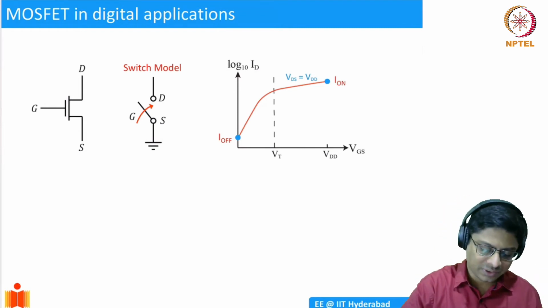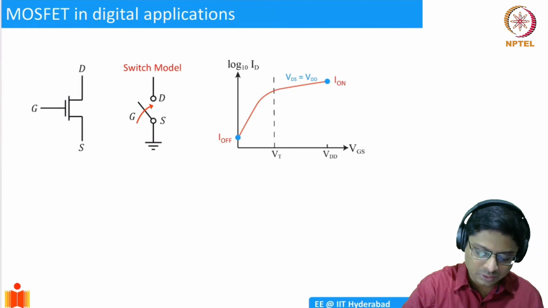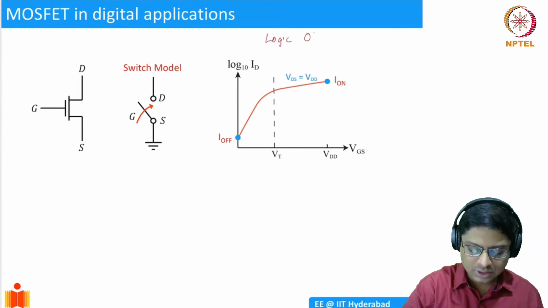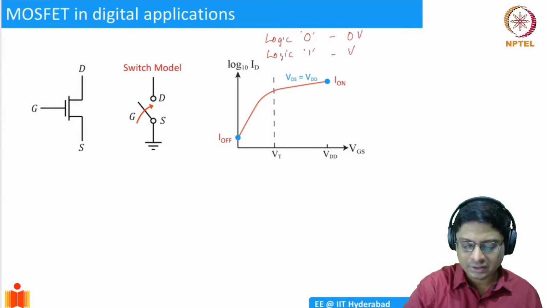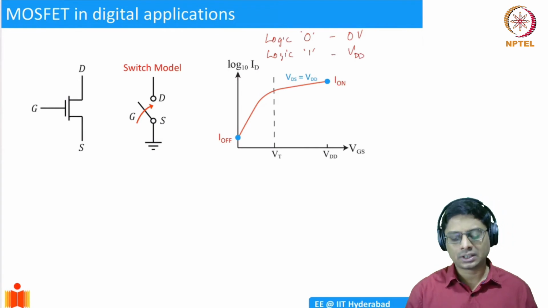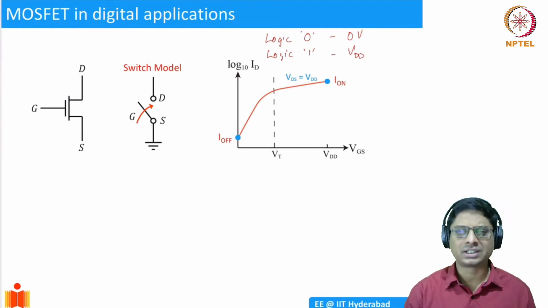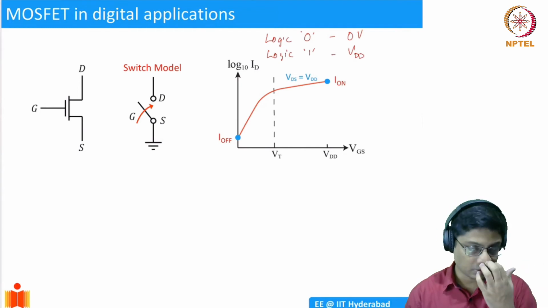So in digital circuits, logic 0 is basically 0 volts. Logic 1 I can refer to as VDD. In modern technology, VDD could be about 1 volt, or in the past, it was 5 volts, let's say.